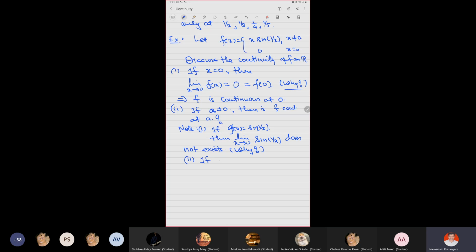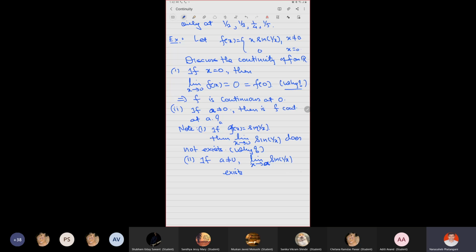But if a is not equal to 0, then the limit as x tends to a of sine 1 by x exists. At other points this limit exists. The problem is at 0 because 1 upon x tends to infinity as x tends to 0. But at other points, no problem at all.